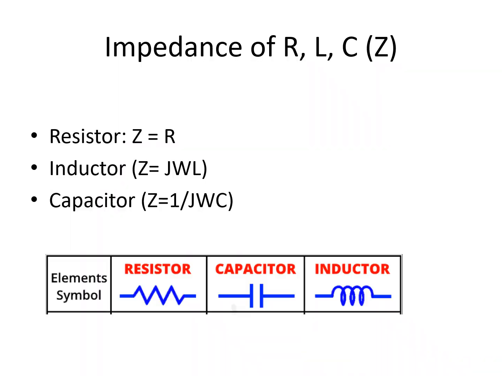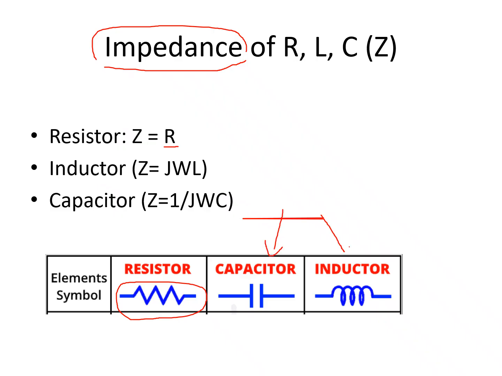In DC circuits, we have only resistors, but in AC circuits, we have a new concept known as impedance. For a resistor, as you can see in this picture, impedance simply means the same, so we show it as R. But we also have other components in AC circuits that we're going to delve into more. Those are capacitors and inductors.